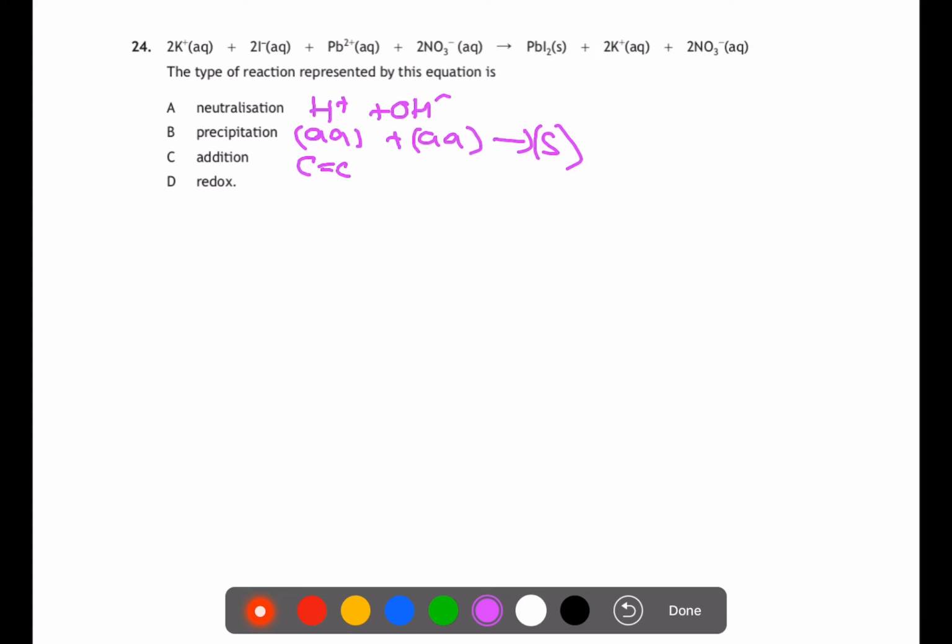Addition is where you have something with a carbon-to-carbon double bond and you add something on. And redox is where you have your oxidation and reduction, so it involves electrons. Looking at this reaction here, we have 4 aqueous species on the reactant side, and they are producing a solid and 2 aqueous. This is a precipitation reaction.